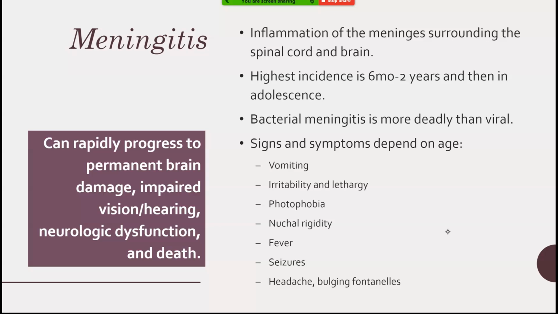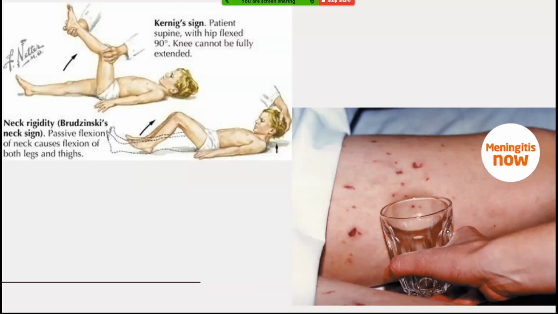Again, bacterial meningitis will have a much higher fever involved and altered mental status, etc. So it's common practice that if you have a child who has any of these, you should ask questions about nuchal rigidity, high fevers, etc. Again, here are two assessments that you can do for checking if there is nuchal rigidity.